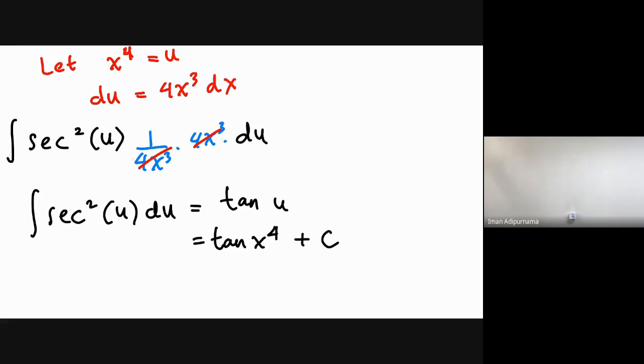This c, when you change the u back to x to the 4, the c will be different. My suggestion is to always add c at the very end. This part is okay, you still have u, but when you make the final equation, you can write plus c.